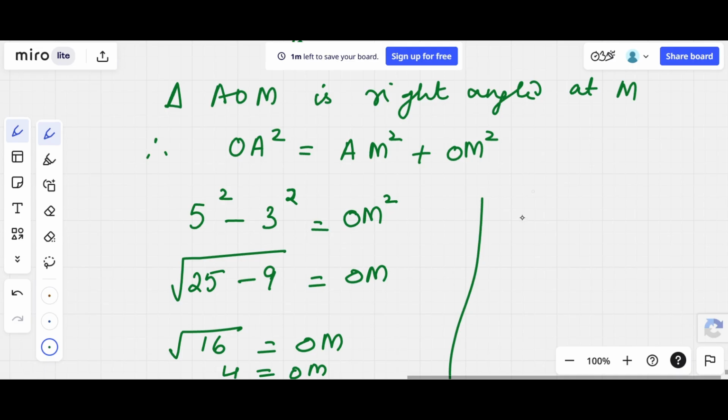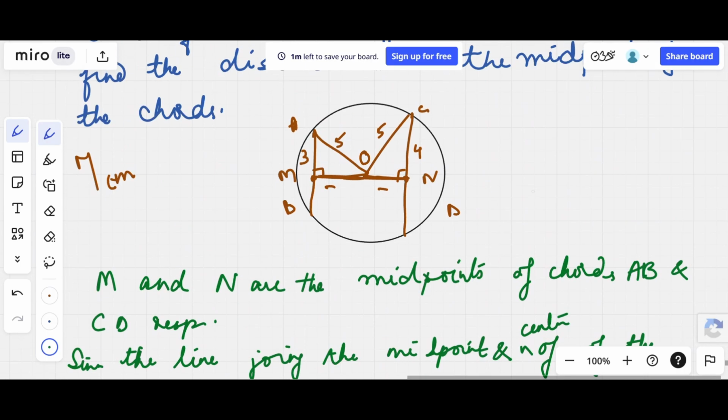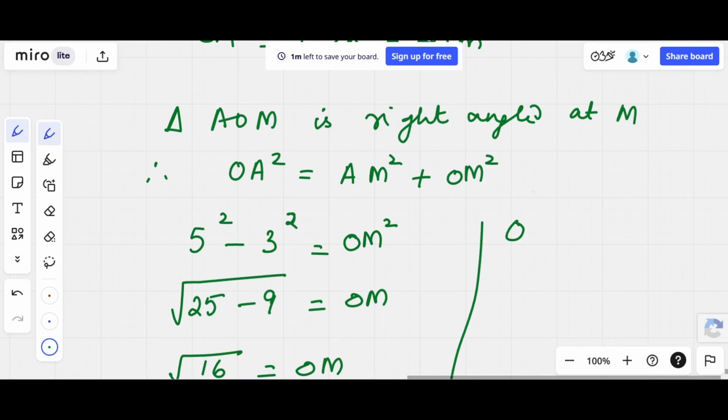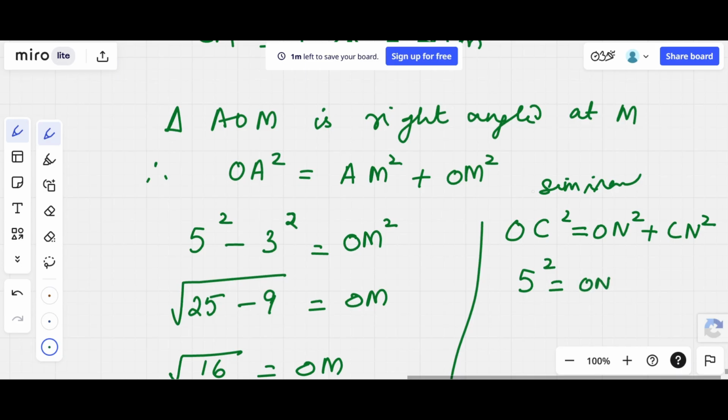Similarly, you will do this side also. OC square, you can say. Similarly, OC square is equal to ON square plus CN square. OC is 5 and ON we are finding.